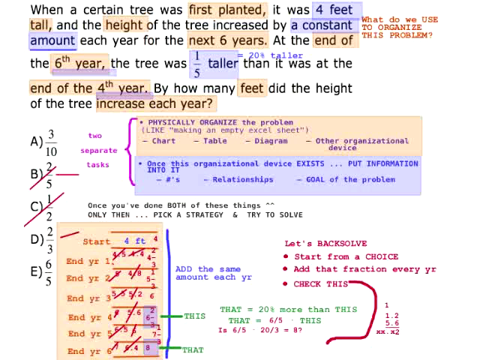Well, 6 over 3 is 2. That's 40 over 5. That's 8. Look at that. We win. So it's D, dog. No algebra necessary.